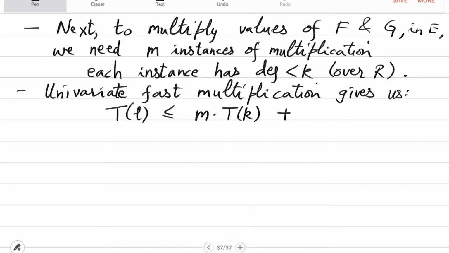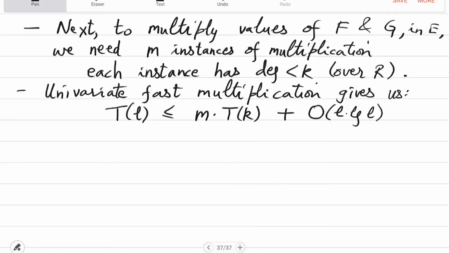The overhead is the DFT part, that is L log L. This is the recurrence for the final time complexity of multiplying 2 polynomials over R of degree L. So essentially T(L) is square root L times T(square root L). You have broken into square root L many chunks, each of size square root L, plus an overhead of L log L. So what is the solution of this recurrence as a function of L?